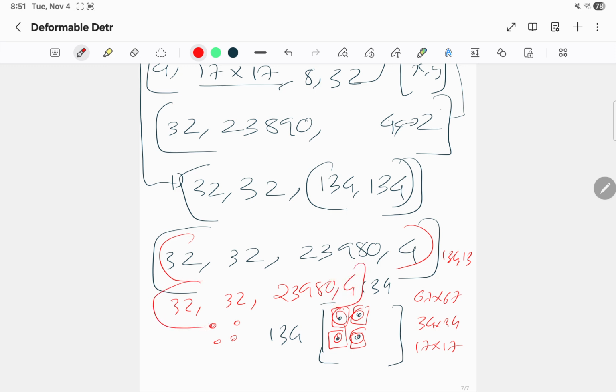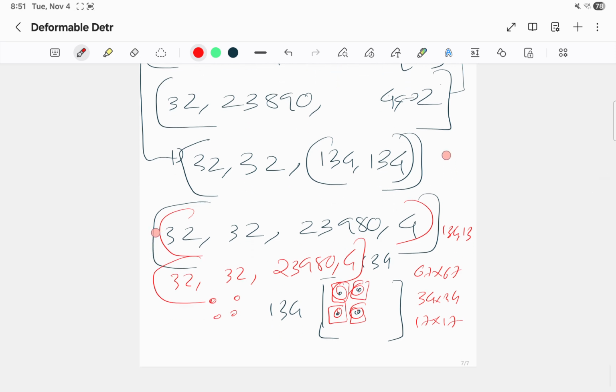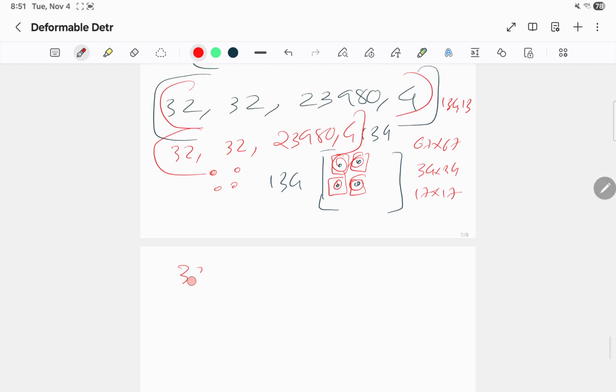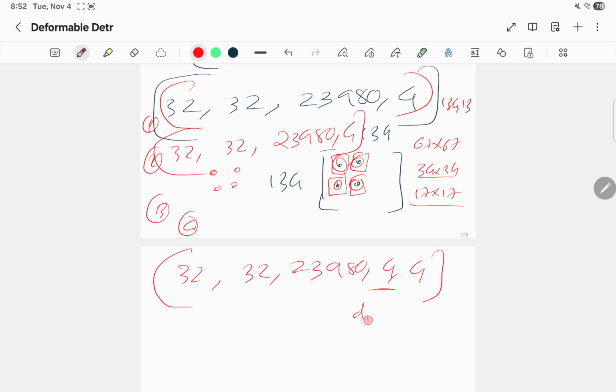And these similar outputs will finally be stacked, and what you get will be 32, 32. This will be 1, 2. Similarly there will be 3 and 4 for 34 and 17. So 23980 comma 4 comma 4, right? After stacking along the dimension equal to -2, you will get this output.